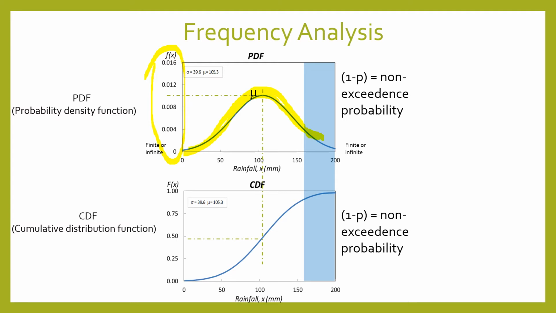So any rainfall data, 50.1, 50.2, 50.3, all rainfall data will have its own probability. That is why it's important to convert it into a distribution model.